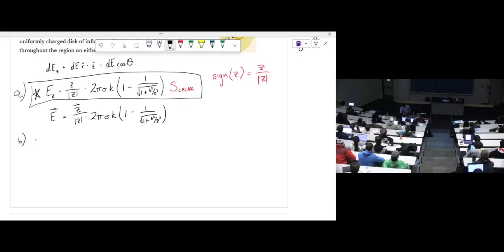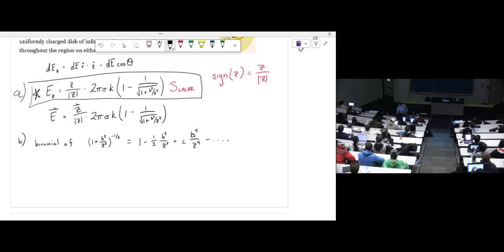The binomial expansion of 1 plus b squared over z squared raised to the power minus 1/2 is equal to 1 minus 1/2 b squared over z squared, plus some coefficient times b to the 4th power over z to the 4th power, minus additional terms.